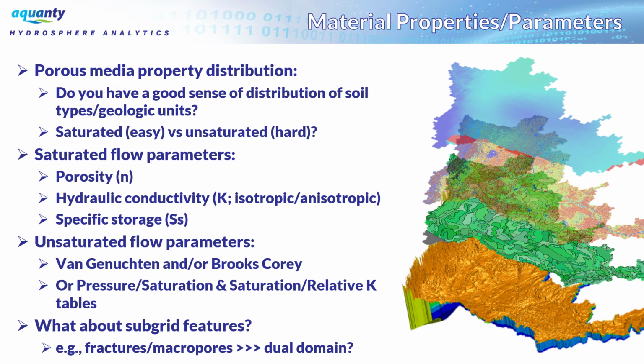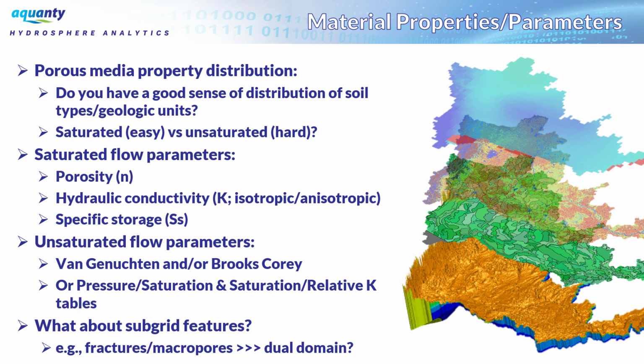And then in the unsaturated flow process, we're typically going to parameterize the van Genuchten or Brooks-Corey functions. And so we need to have the associated properties or parameters for those functions for every soil type in our model domain.